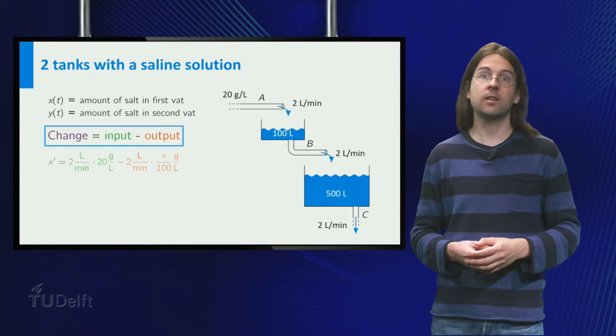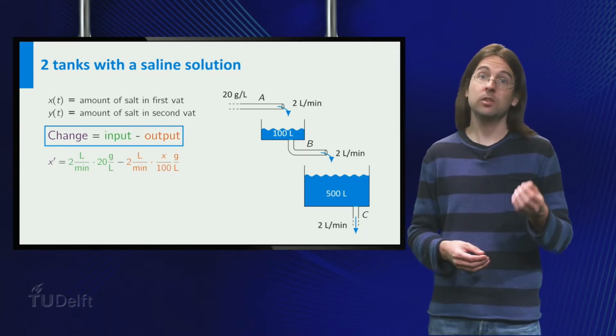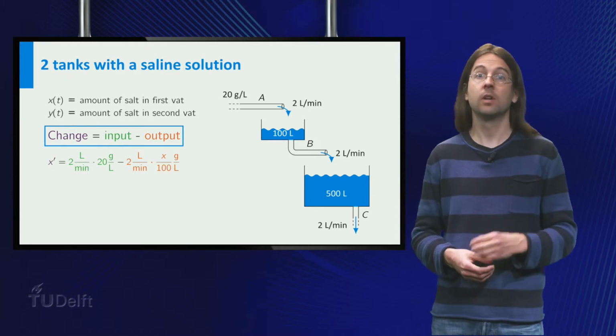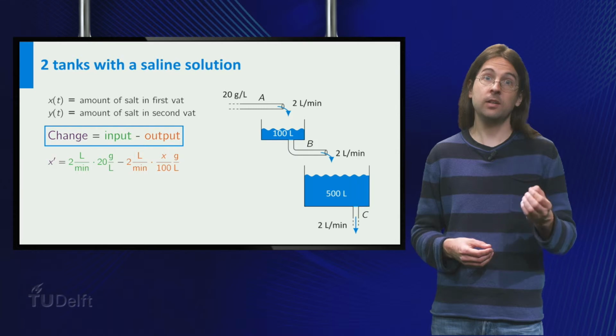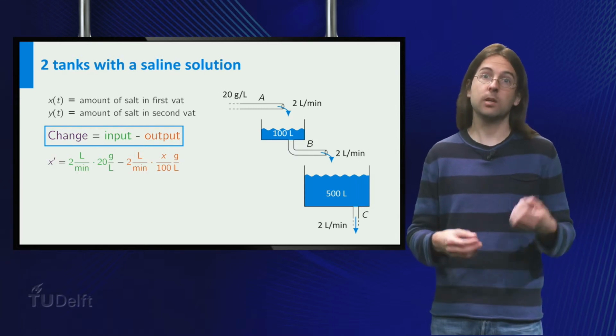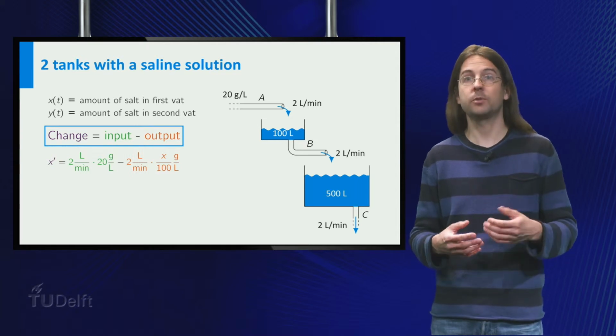The change is given by the derivative of x. The input is 2 liters per minute times 20 grams per liter. The concentration of salt in the vat equals x over 100. So the output equals 2 liters per minute times x over 100 grams per liter.